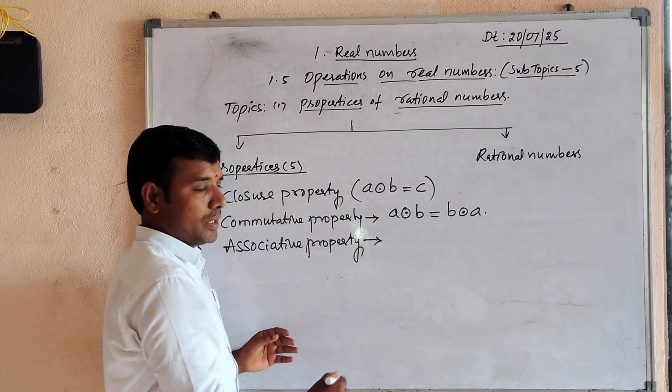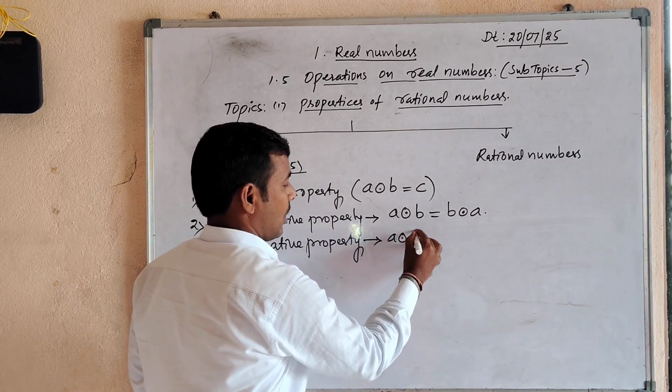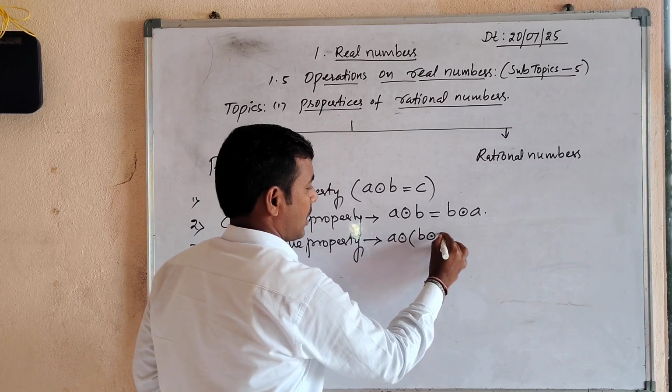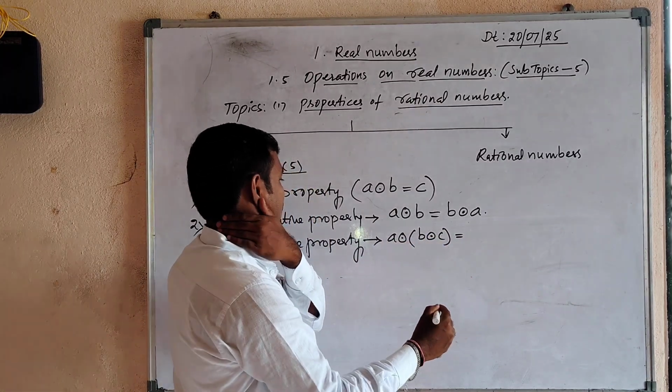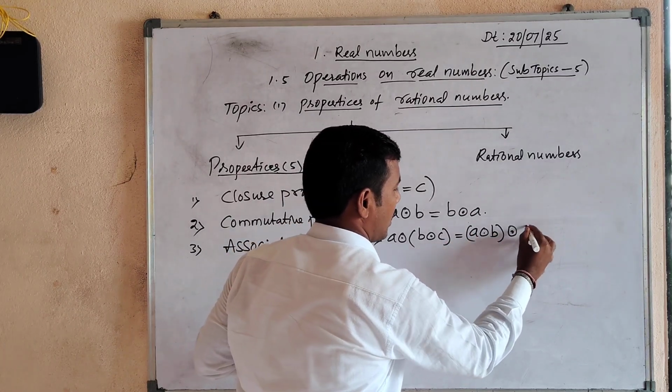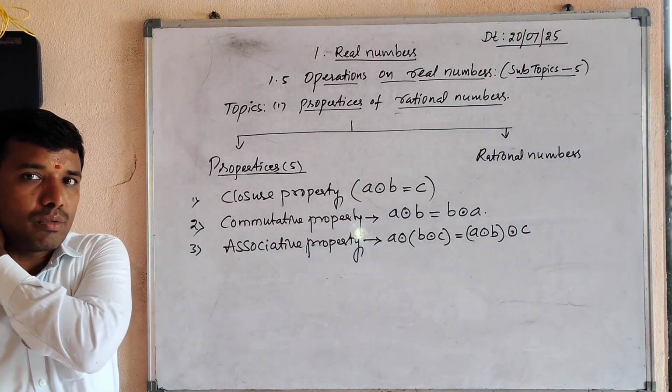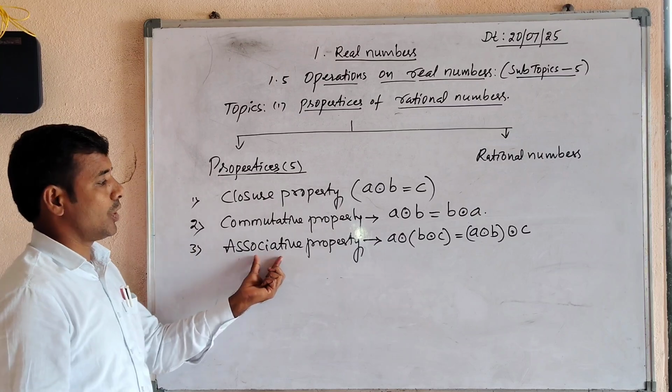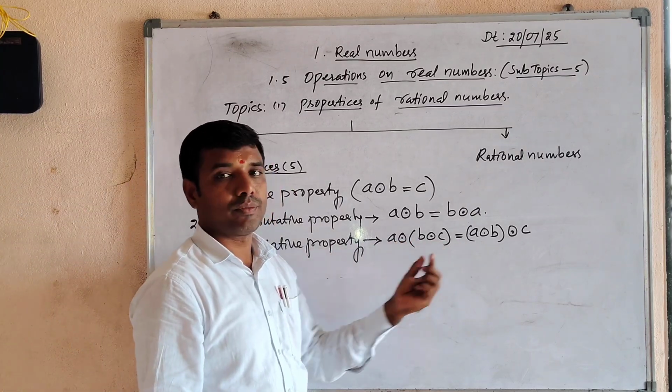Its main rule is A ∘ (B ∘ C) = (A ∘ B) ∘ C. This is the third rule, the associative property, and it is its basic rule.